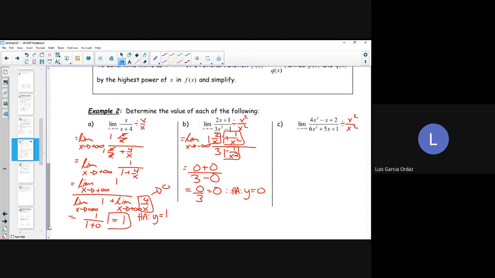So if I were to write this over, I get the limit as x approaches positive infinity of 4 minus 1 over x plus 2 over x squared over 6 plus 5 over x plus 1 over x squared. We all know that these limits approach 0, so we're left with 4 over 6, which simplifies to 2/3, which means that I have a horizontal asymptote at y is equal to 2/3.